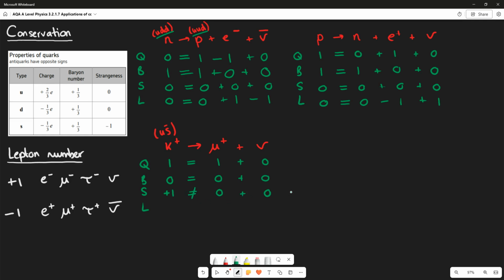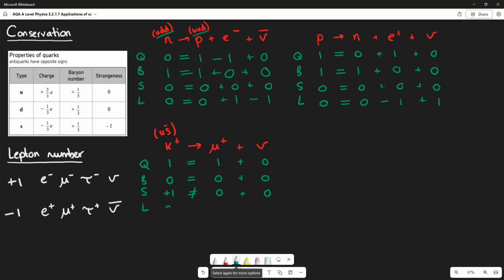So this tells us that it's either going to be a weak interaction if everything else is conserved, or it's not possible. This is not a decay that happens in nature. So let's wait and see before we make any conclusions. Let's look at the lepton number first before we come to those conclusions.